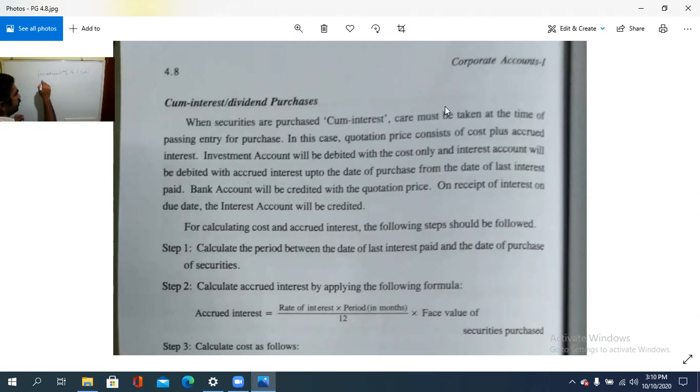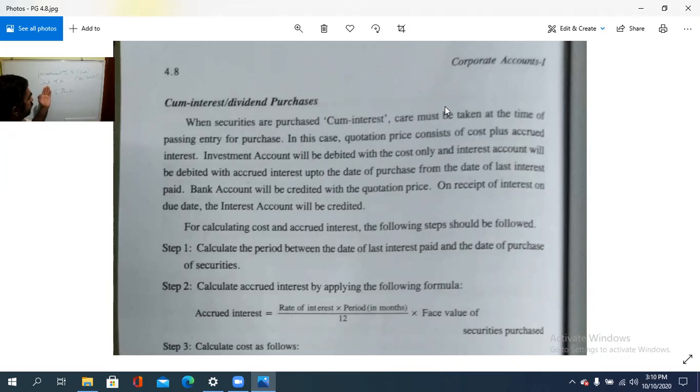Then interest account, accrued interest, will be debited with the accrued interest amount, and credit goes to the bank, the total amount. So the bank account will be credited with the total amount, that is the quotation price, cost plus interest included, accrued interest included.